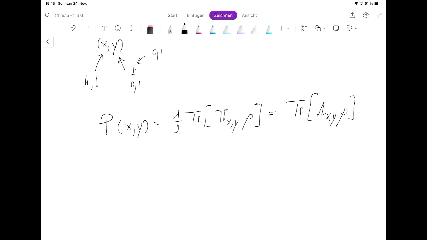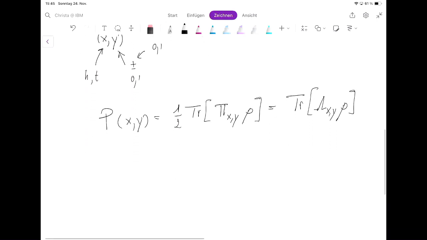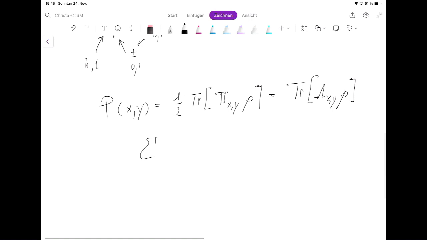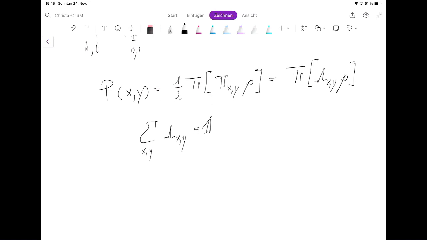They are no longer orthogonal, because the projection of 0 on plus or minus and of 1 on plus or minus is not 0. However, they still have this nice property, if you check, that the sum over xy of all these is still the identity. So it still gives us a properly normalized probability distribution.